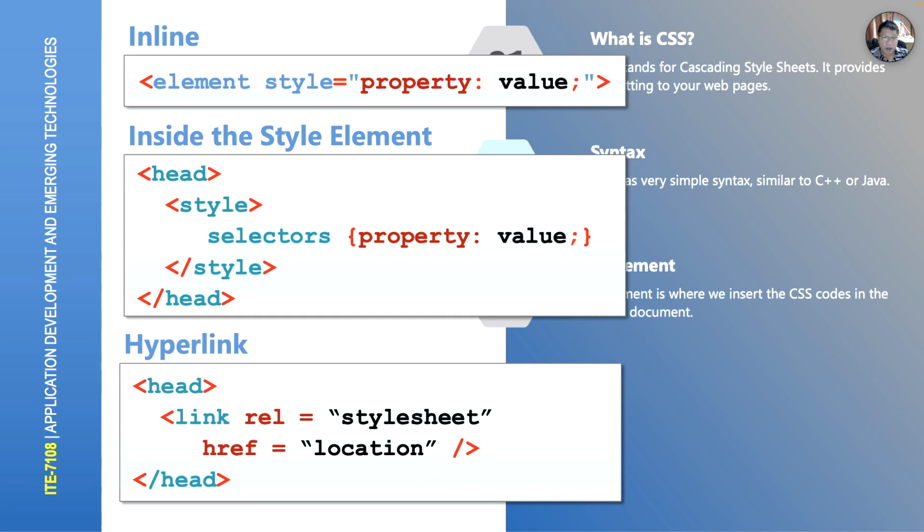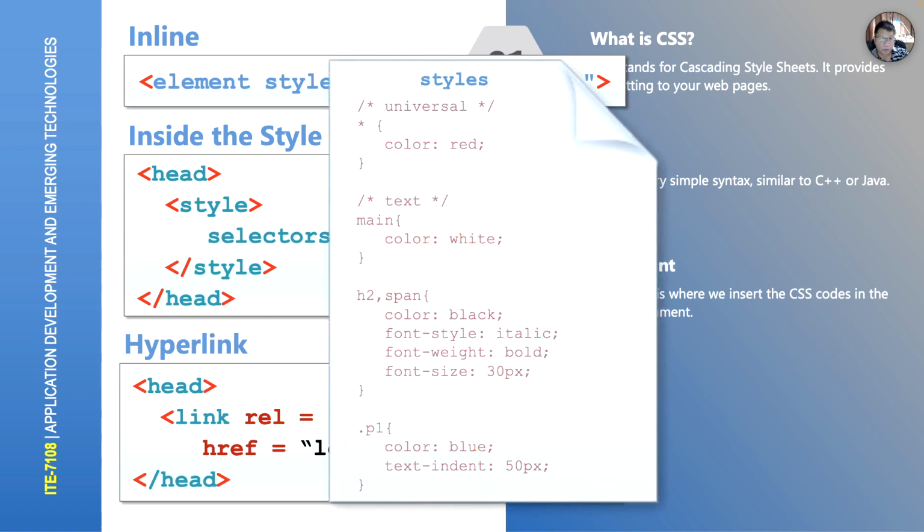The hyperlink can be a link on the internet or a URL for special libraries or frameworks, or it can be a local file containing CSS code with .css as an extension. So this is an example of a file.